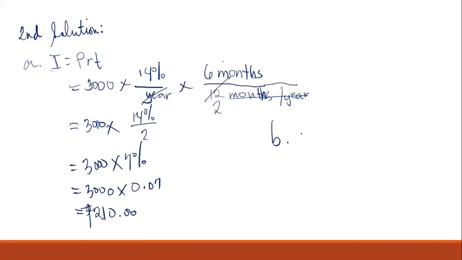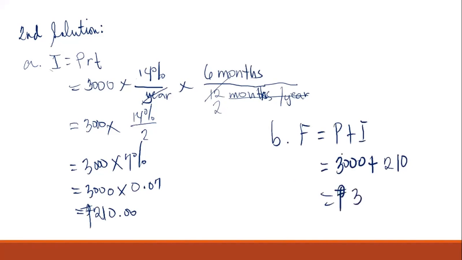And for the maturity value, yung F natin equals to P plus I, yung interest. Principal plus the interest, which is 3,000 plus the interest na 210. Kaya, yung maturity value ng pinahiram ni Ellie na 3,000 ay magiging 3,210 pesos. Okay? Ayun.